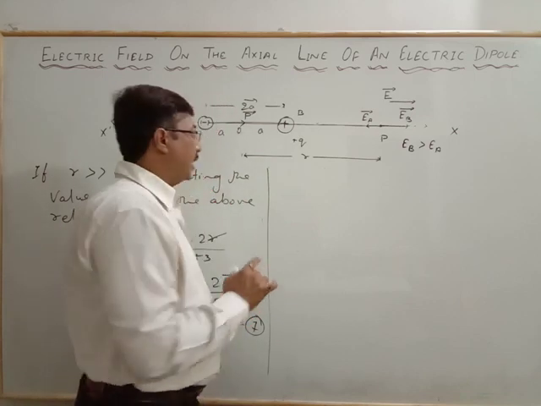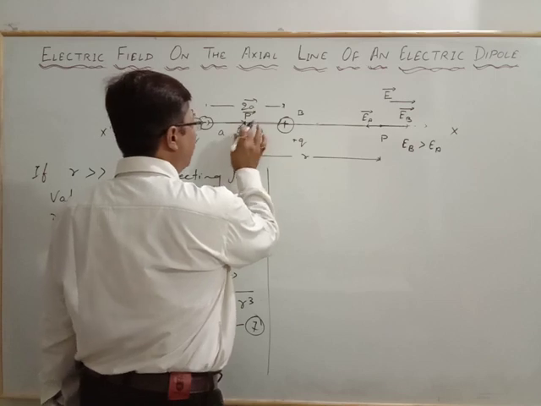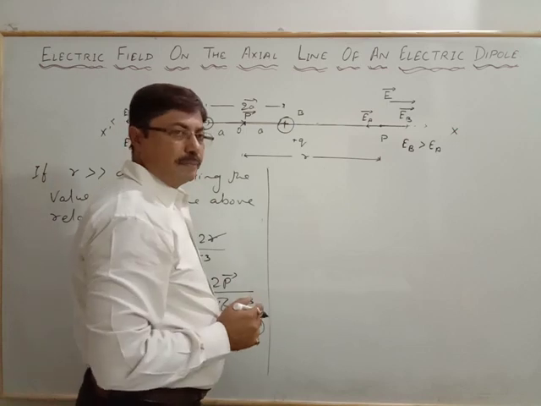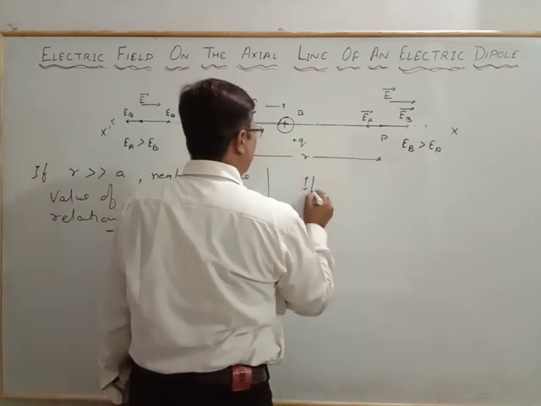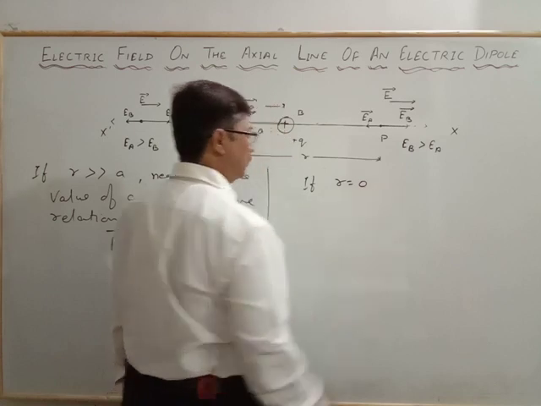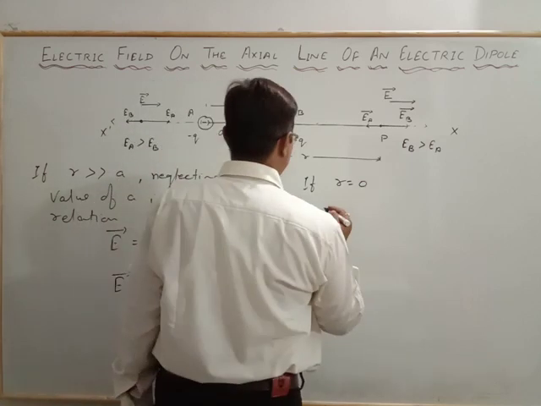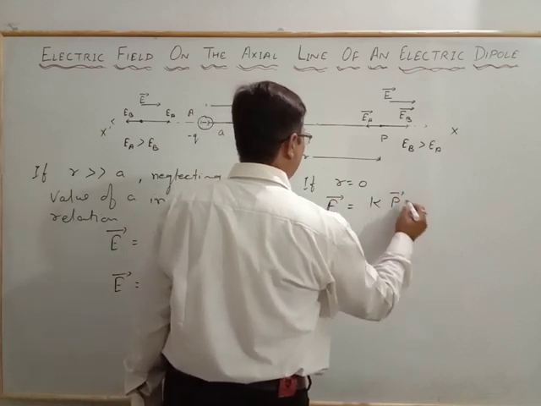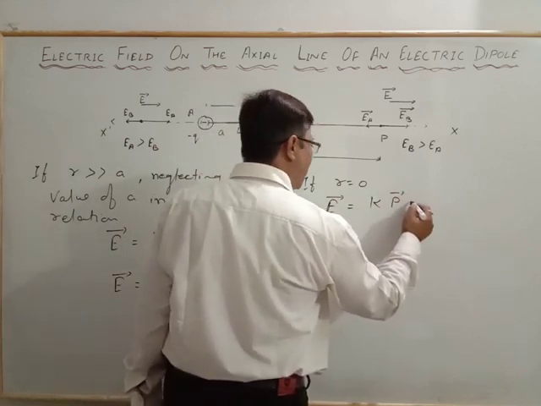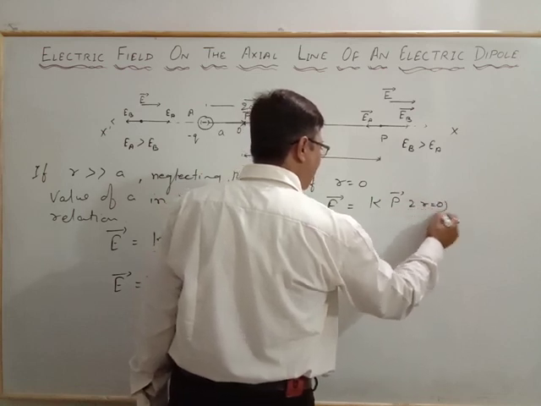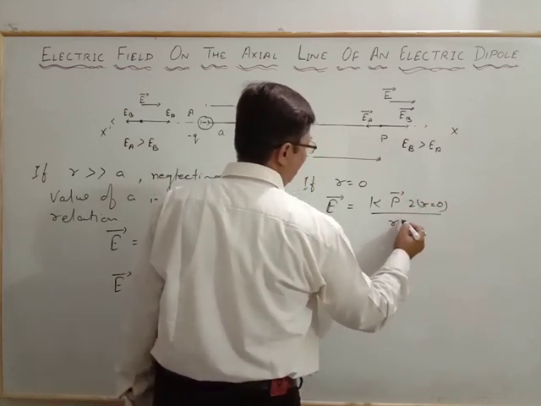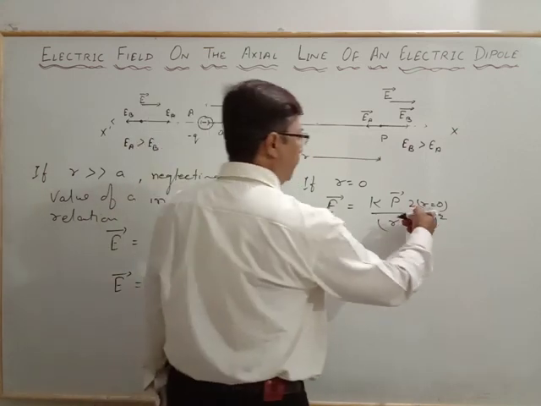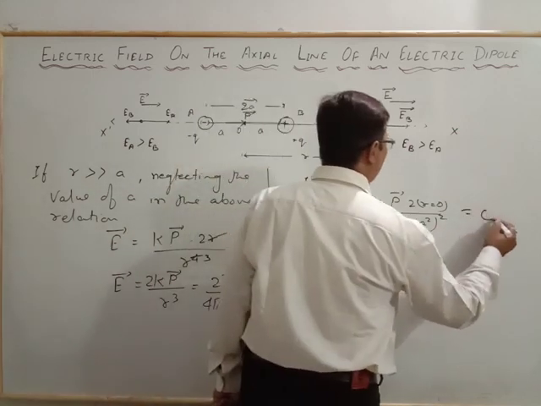It is not so that at the center of the dipole the electric field is 0. But if we consider r equal to 0, in that case the electric field E vector is equal to Kp vector into, in place of 2r equal to 0, by (r square minus a square) whole square. So any product with 0 is the null vector.